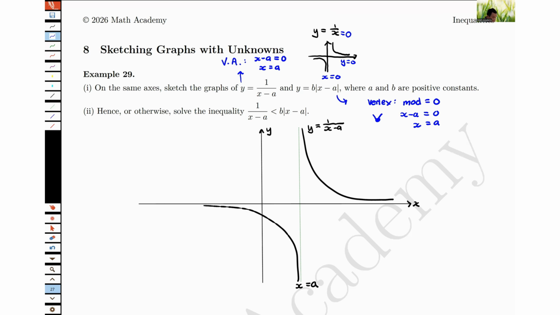Hence, you get a V-shaped graph at x value a. This is x value a. We draw a V shape at this position, so it will go up on the right and also go up on the left side of the graph. The graph that we are drawing here is y equals b mod x minus a.